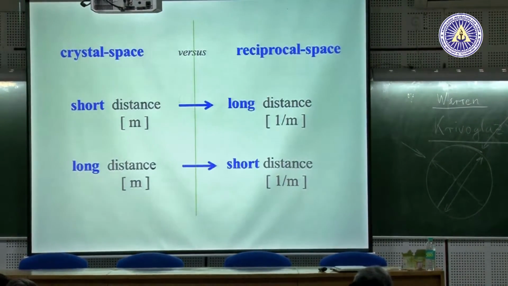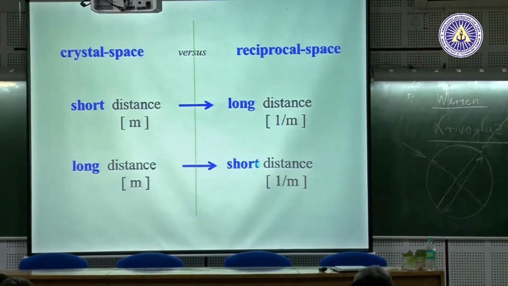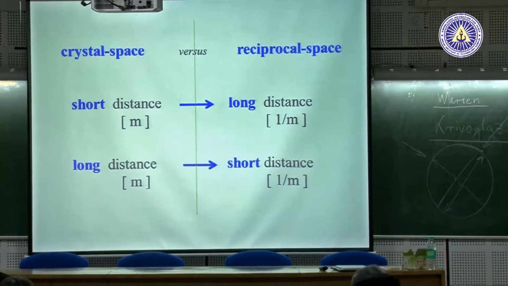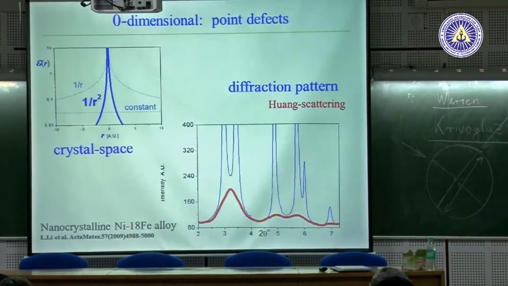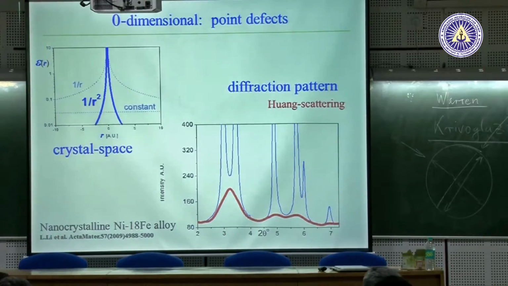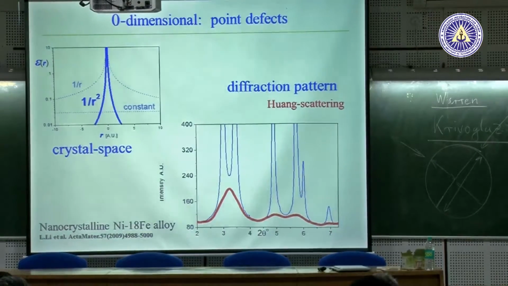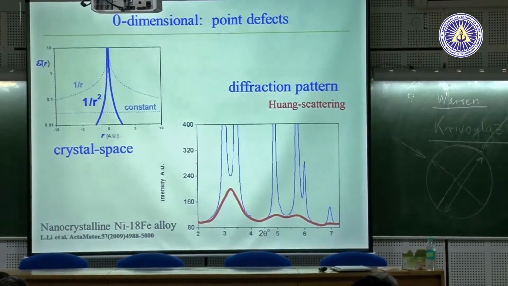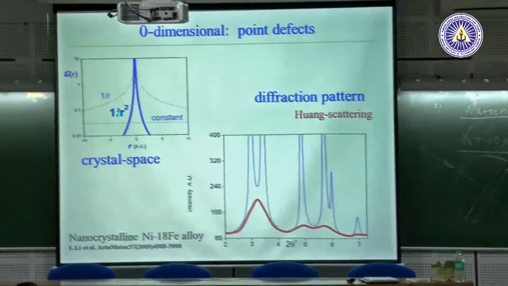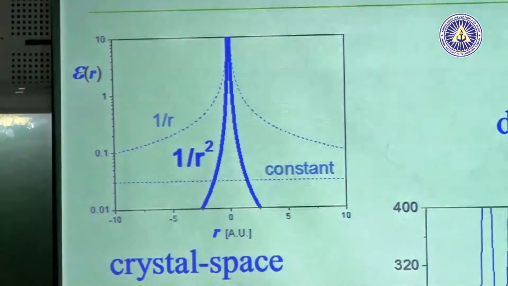And vice versa. A long distance in crystal space will be a short distance in reciprocal space. That is just because of dimensionality. One is measured in meters, the other one is measured in reciprocal meters. The zero-dimensional defects, vacancies, interstitials, small precipitates, have a strain field reaching only short distances because it is short range.